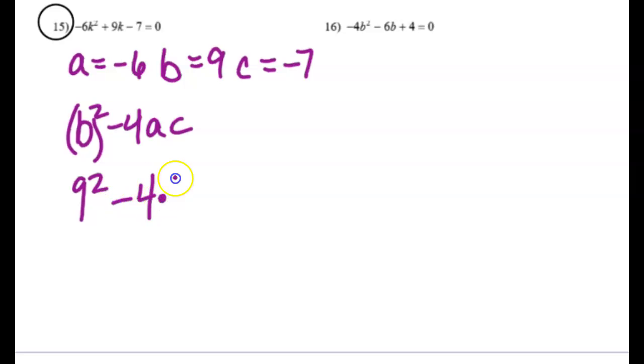Minus 4 times A, which is -6, times C, which is -7. I think that's going to be positive, but 9 squared. I hope you're typing because otherwise it's -4, but then it's times a -6 times a -7.